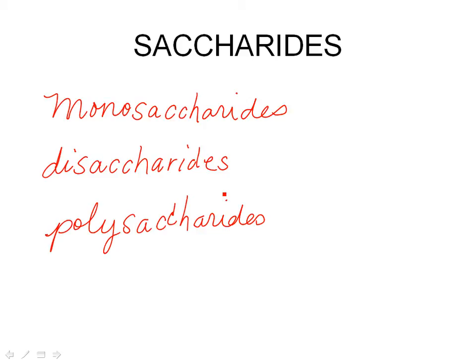The key molecule that you need to know that we're going to be using as a building block is going to be glucose, and we will be using alpha glucose. So I'm going to draw an alpha glucose molecule.